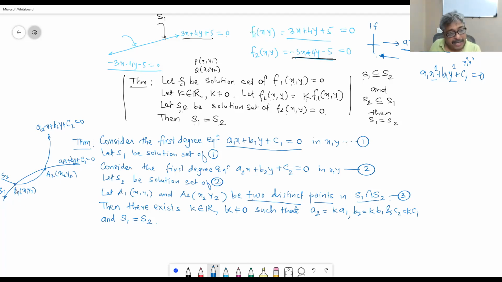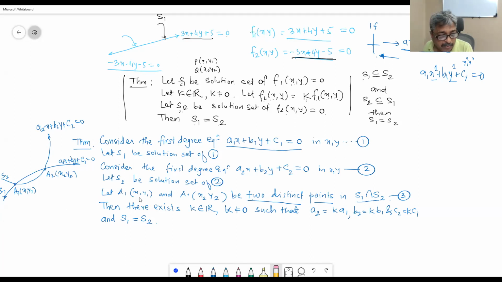In this diagram I have taken only 2 points, but it can be more. I am considering the simplest geometry just to understand what we are doing, so A1 and A2 are two distinct points. Distinct is the important word in S1 intersection S2.